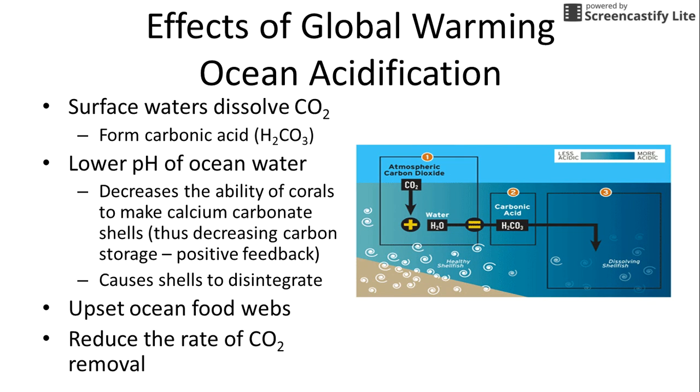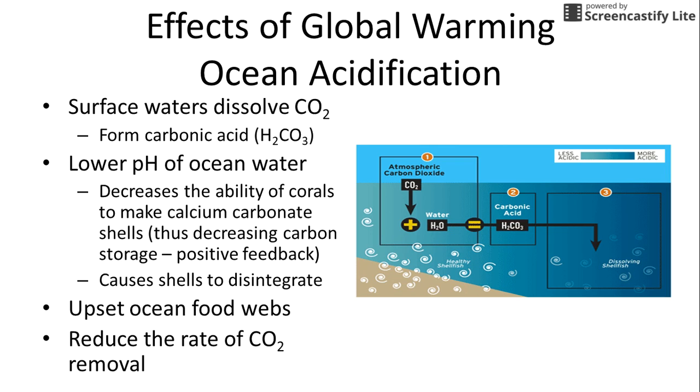We also have ocean acidification, and so surface water dissolves carbon dioxide, and carbon dioxide dissolves into water to form carbonic acid, and this carbonic acid lowers the pH of ocean water. And so when it lowers the pH of ocean water, not only does it cause the cells to actually start breaking down, it also decreases the abilities of corals to make those calcium carbonate shells.